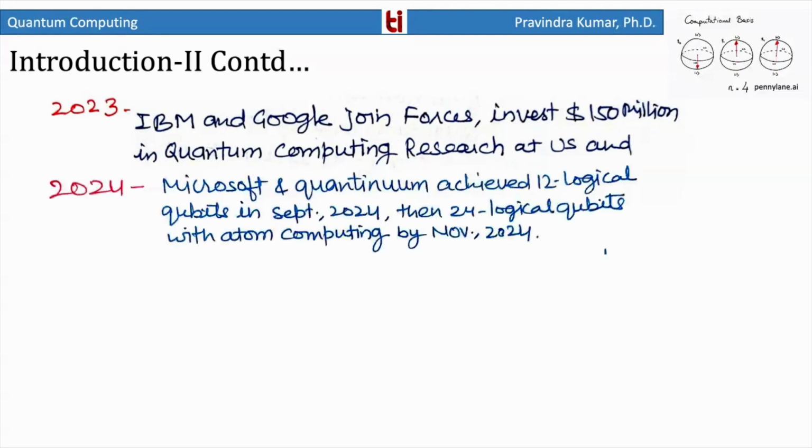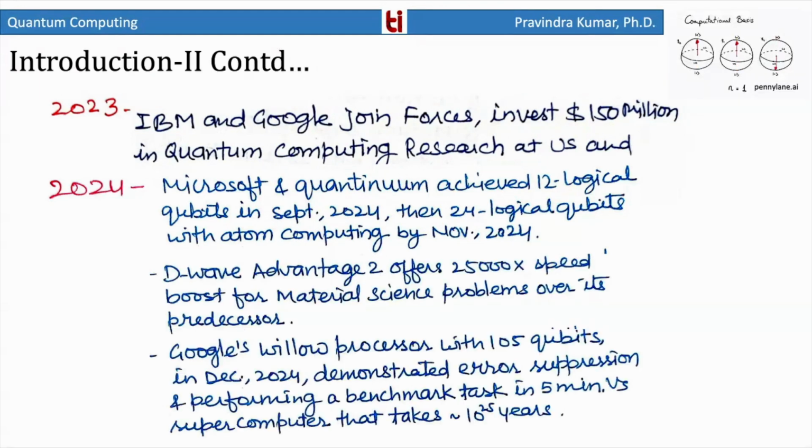In 2024, Microsoft and Quantinuum achieved 12 logical qubits in September 2024, then 24 logical qubits with Atom Computing by November 2024. In the same year, D-Wave Advantage2 offered a 25,000 times speed boost for material science problems over its predecessors.